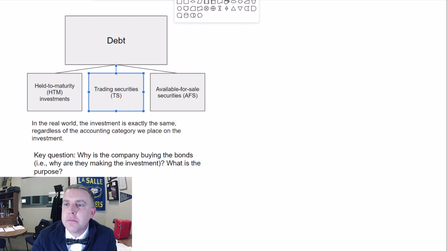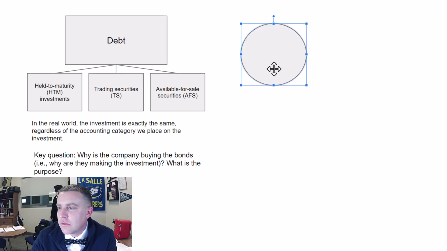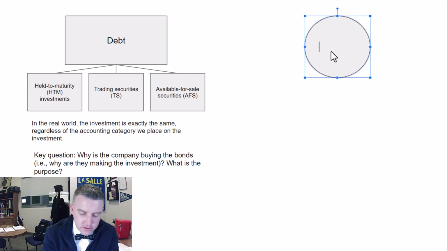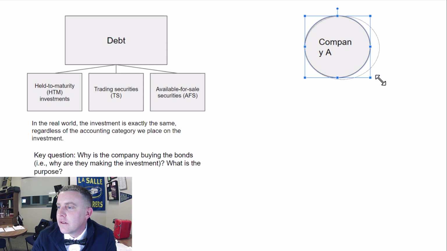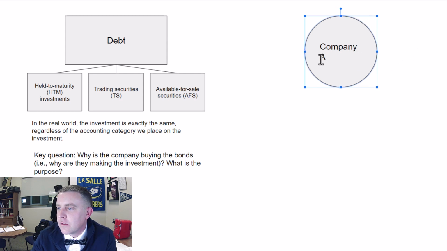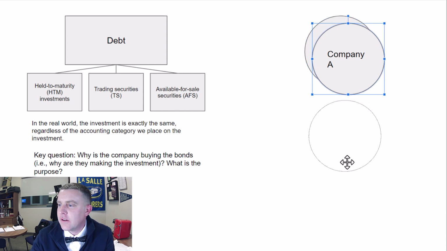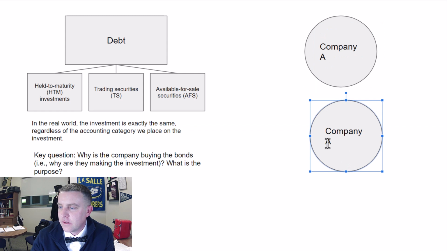So we have company A, they are investing in company B. Okay, we have two companies here.